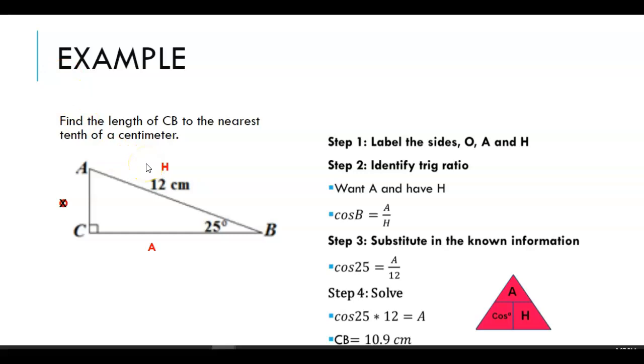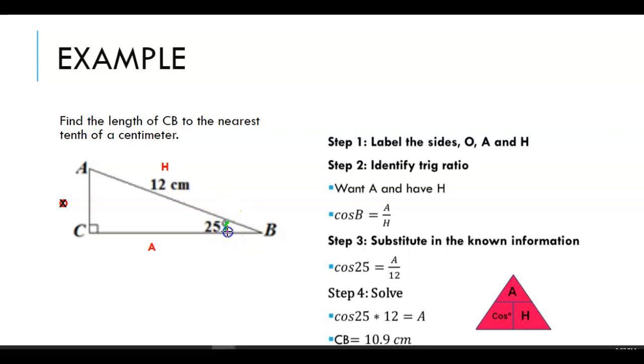Now let's illustrate what we talked about with this example here. We have triangle ABC where the hypotenuse AB is 12 centimeters and angle B is 25 degrees. The very first thing that we need to do, as we mentioned earlier, is to label the sides of the triangle as opposite, adjacent, and hypotenuse based on the given angle.